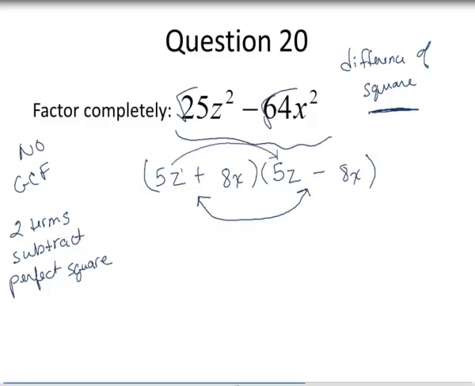Positive 8 times negative 8 is negative 64, x times x is x squared. Do you guys see what's happening here? You end up with 25z squared minus 64x squared. This is why I have two different signs. If you have the same signs there, those middle terms will not cancel, and you won't end up with the same thing.